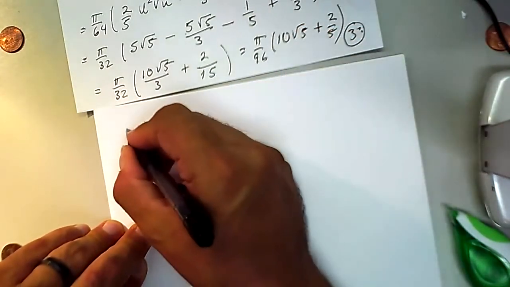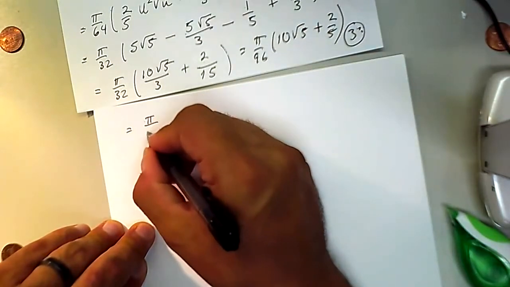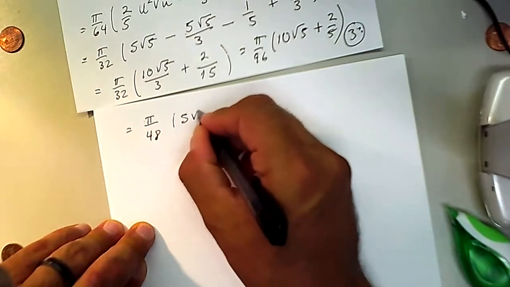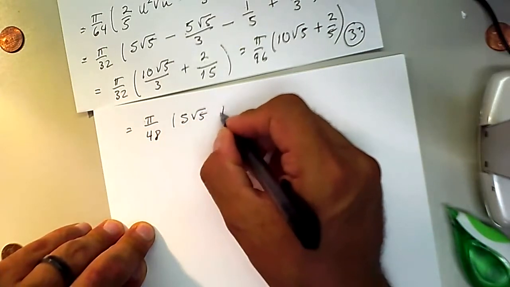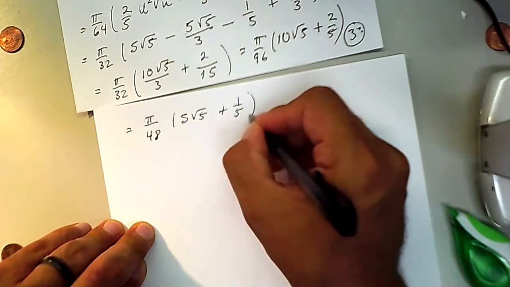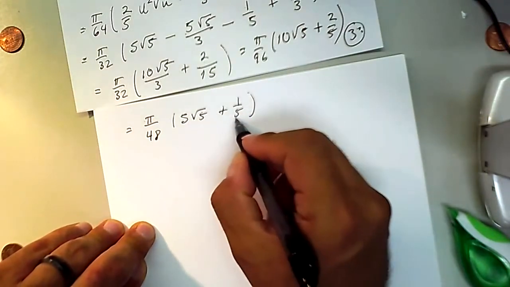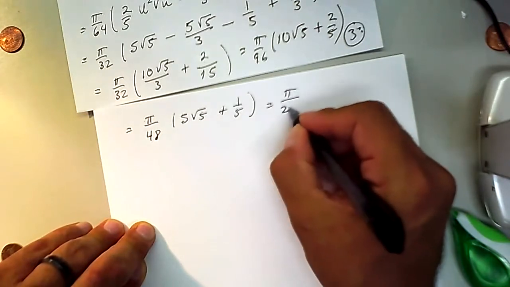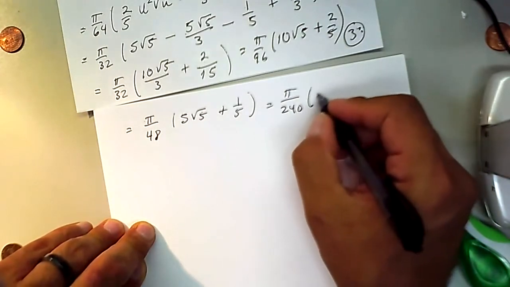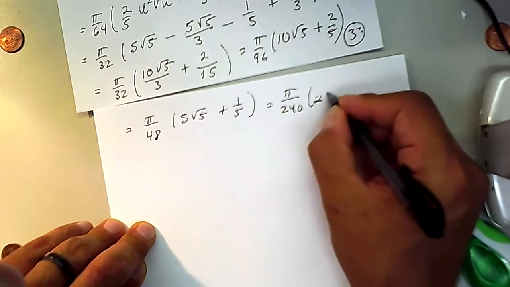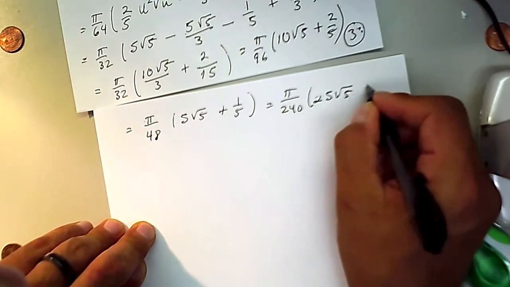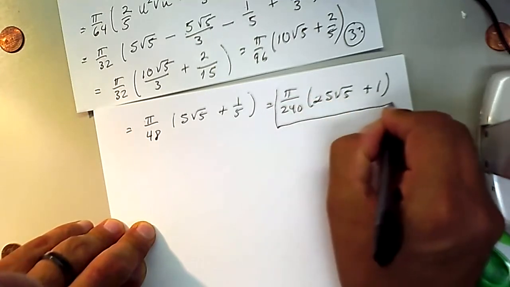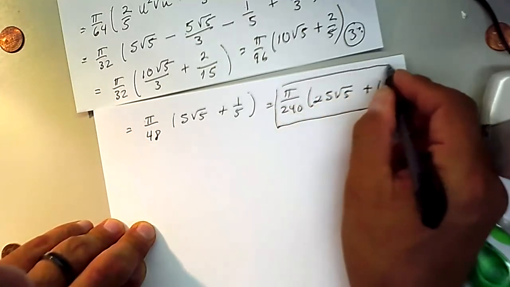So we really have pi over 48, and then 5 root 5 plus 1 over 5. At that point, might just as well factor out the 5 in the denominator. So that gives us pi over 240, and then 25 root 5 plus 1 will do. So that is, I believe, the most simplified way to write the answer.